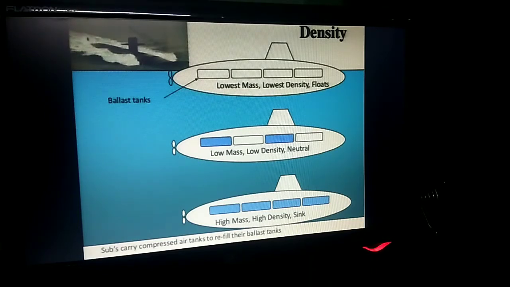Lowest mass, lowest density: floats; low mass, low density: neutral; high mass, high density: sinks. Shipbuilders carry compressed air tanks to refill their ballast tanks.